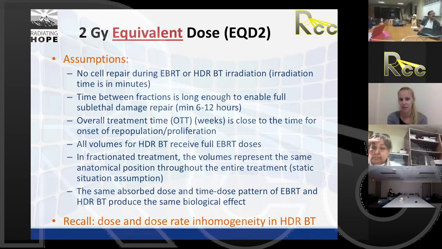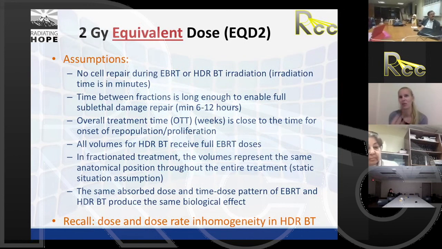A couple of the other assumptions we make: in a fractionated treatment, the volumes represent the same anatomical position throughout the entire treatment. So this is a static situation assumption. So we're assuming that the dose to the bladder for the first fraction of brachytherapy, where that high dose is on the bladder, is in the same position for the second fraction of brachytherapy.